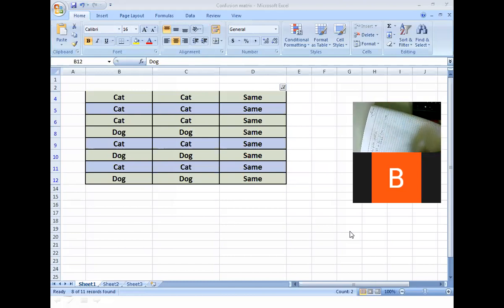So C cap of X denotes the predicted class and C(X) denotes the actual class. Okay. Now for false positive, what is the prediction? Positive. And what is the actual class? Negative. Negative means false.